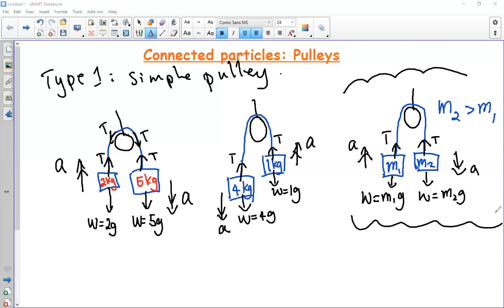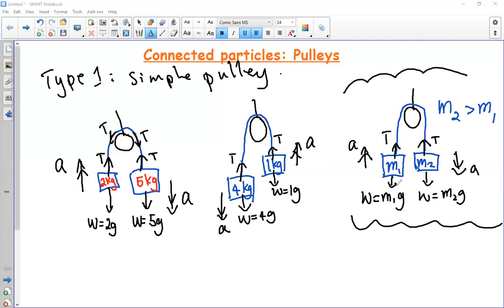Now you do also need to be careful for a simple pulley. After the block has been released, certain things could happen. So again, let's have a look at this generic diagram. Imagine that there is a ground at the bottom here.